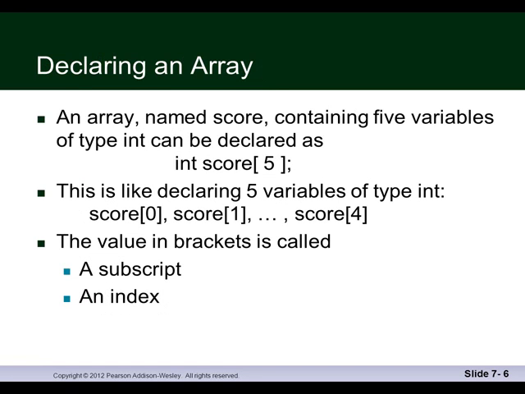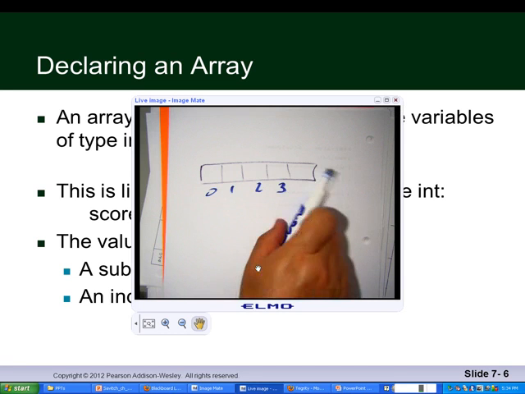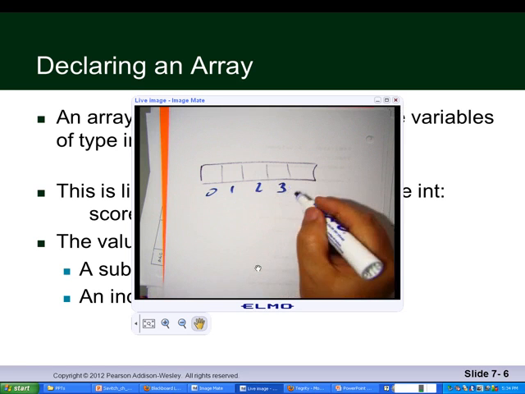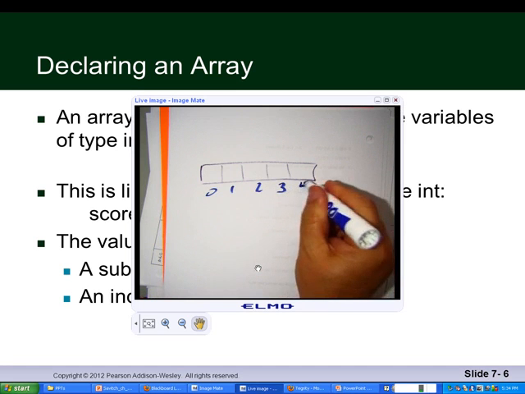If I have a list of 5 scores, that means I'm going to start with index 0. So it's going to be 0, 1, 2, 3, and 4.